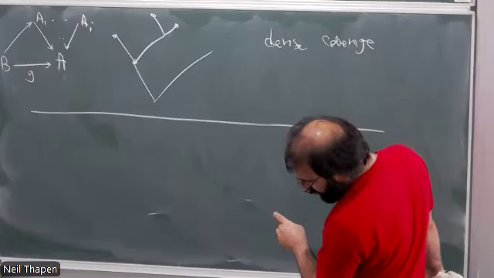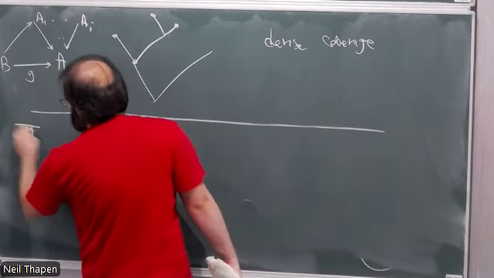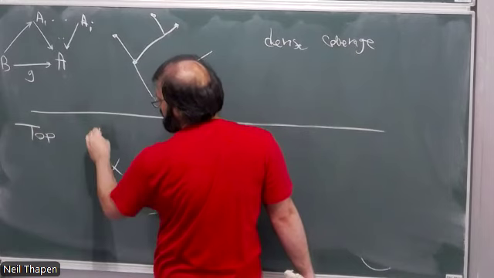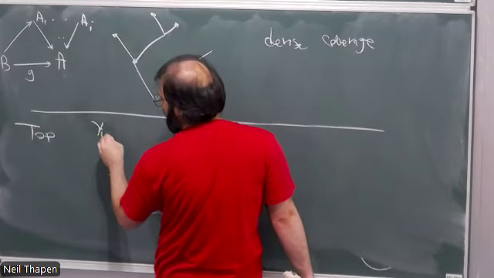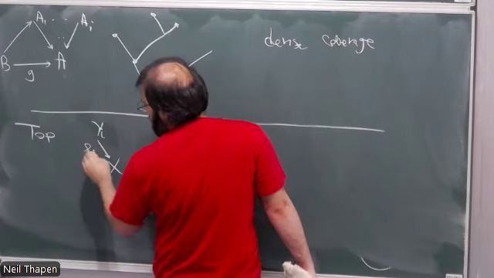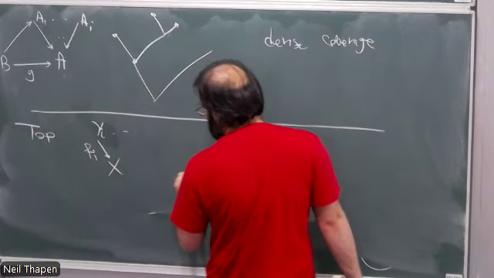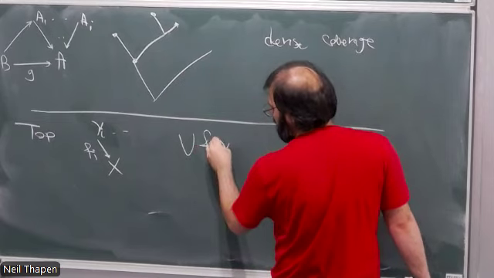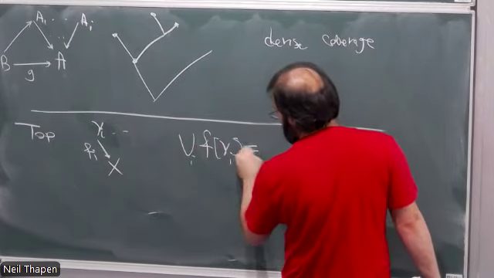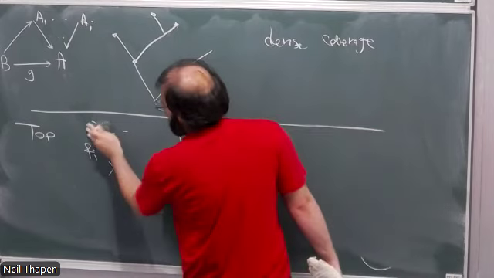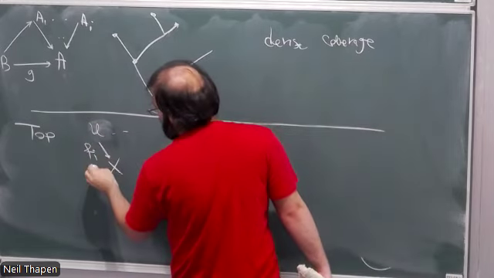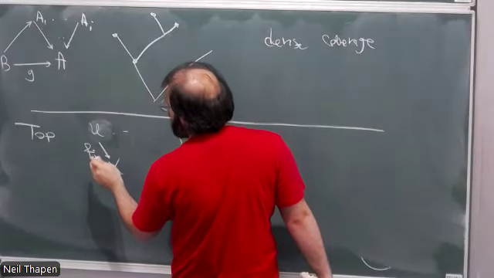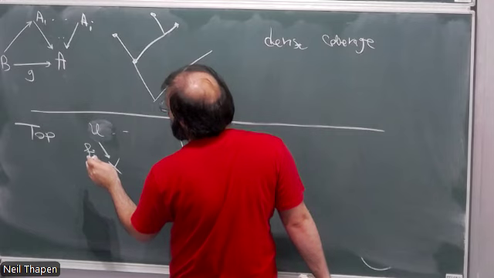Some specific ones. So there is one on topological spaces. So you say that you have a topological space, you have some continuous maps f_i, and then it is a coverage simply when the union of the images of the f_i's is the whole space.